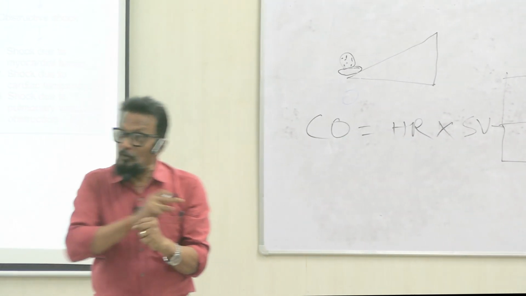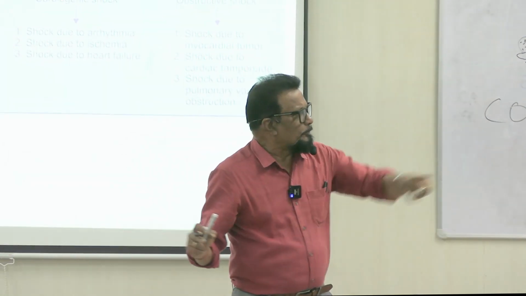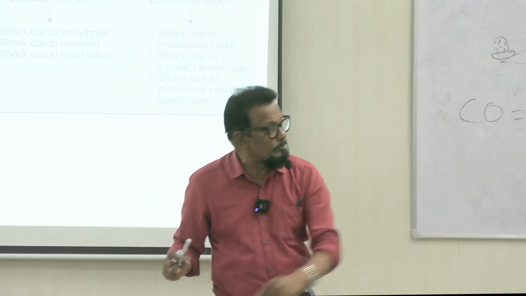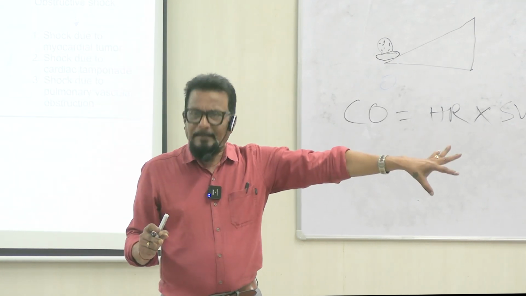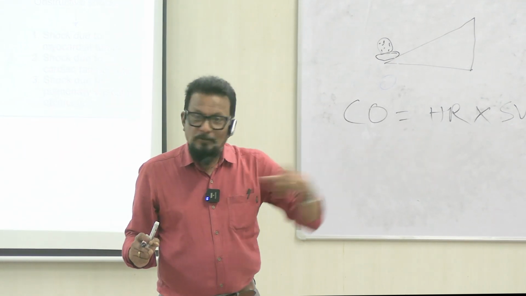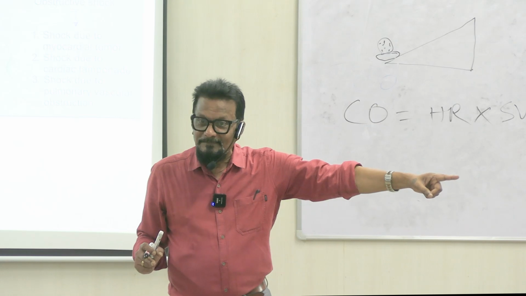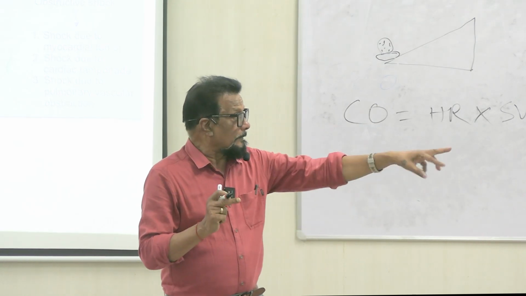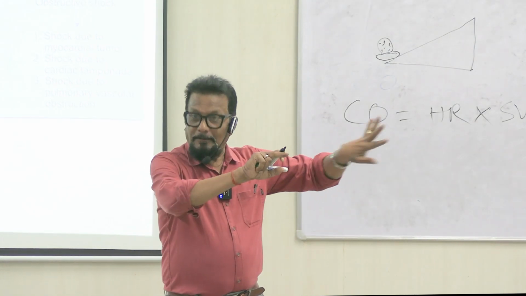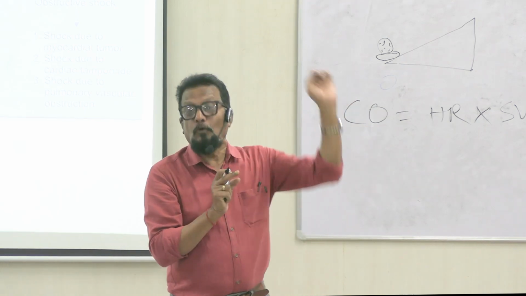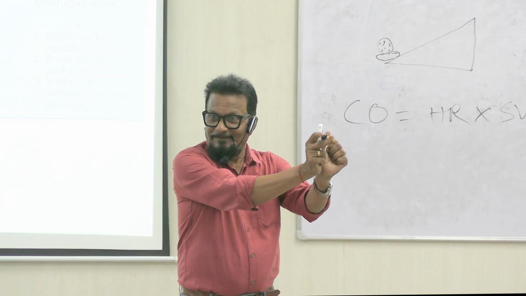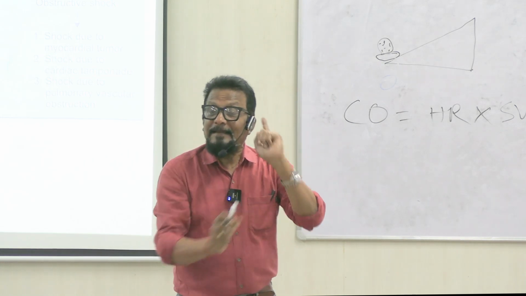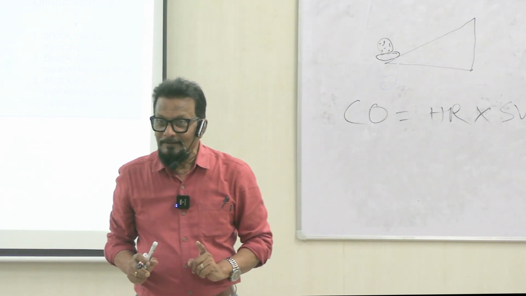Suppose from here you want to go out, but a lot of people are there outside. So you cannot go outside easily. If you want to go outside, you have to apply more force. Isn't it? That is called afterload.